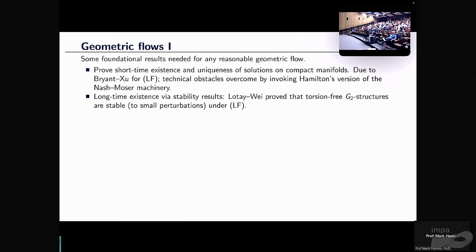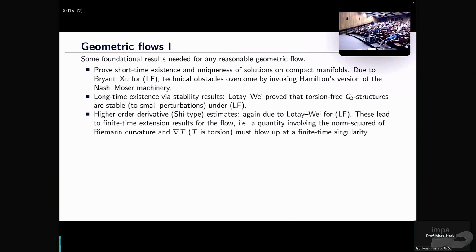This long-time existence via stability was proven in the case of Laplacian flow by Lotay and Wei. That's desirable, but again, it doesn't give us anything new, since we have to know there is a torsion-free structure there in the first place, and then we can give it a small kick. Something of a more technical nature are so-called Shi-type estimates, higher-order derivative estimates.